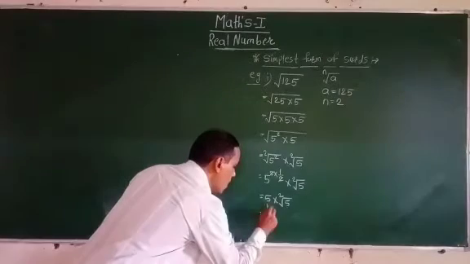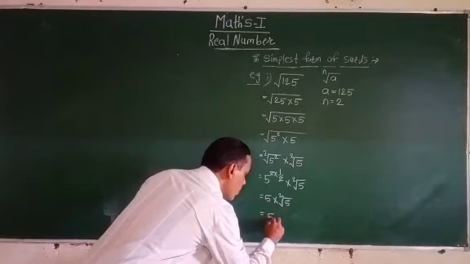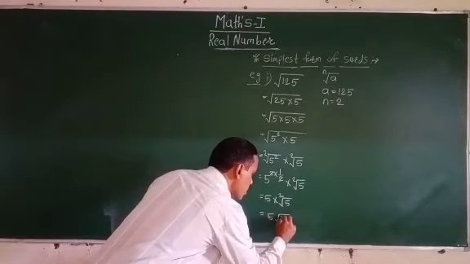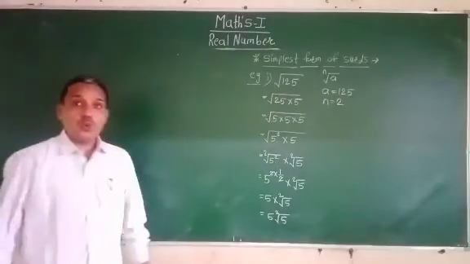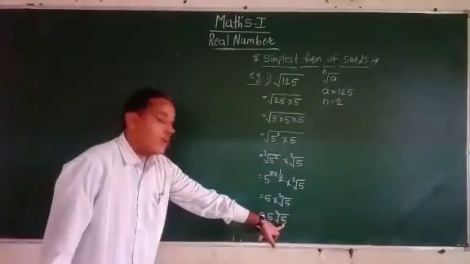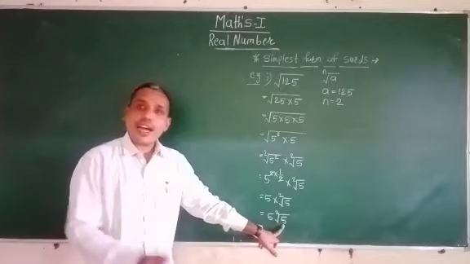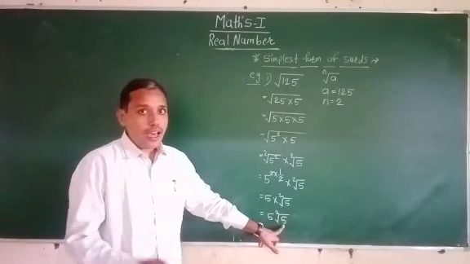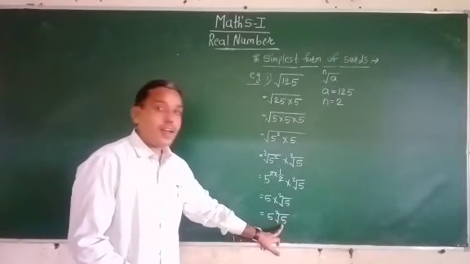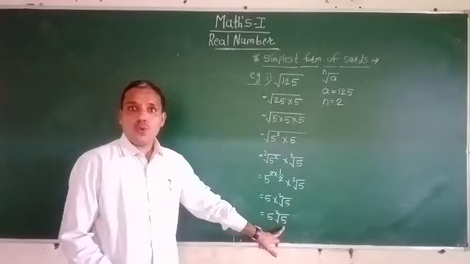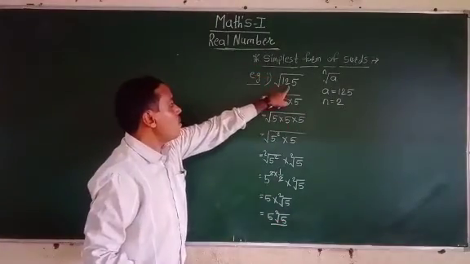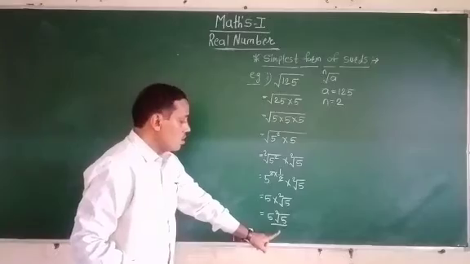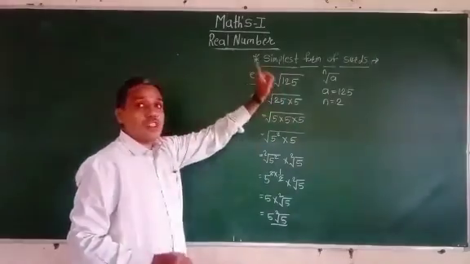Then we write that 5 in the coefficient form of the radical sign: 5 surd 5, order 2. And that 5 we never factorize again, and that form is called the simplest form of the surd.